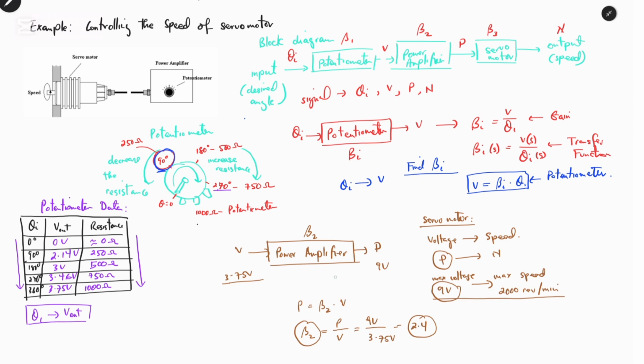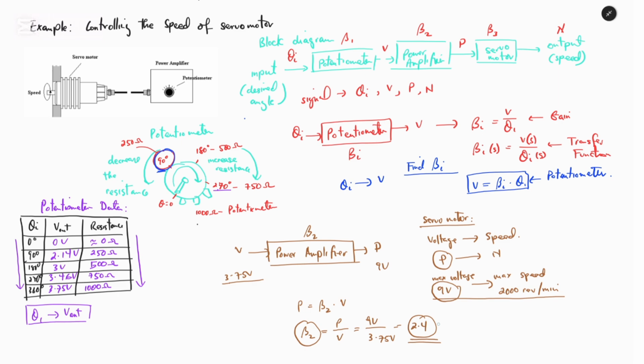So that means this power amplifier is made up of an electric circuit, and this electric circuit should be designed in such a way that the gain must be 2.4. A power amplifier can also be an electrical circuit such as a potentiometer or an operational amplifier, which has the capability to amplify the voltage parameter of a signal.